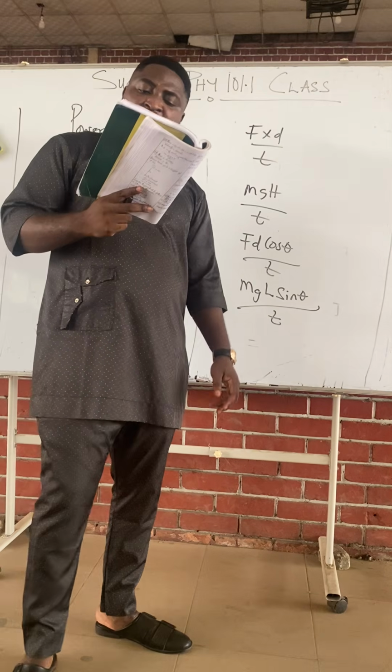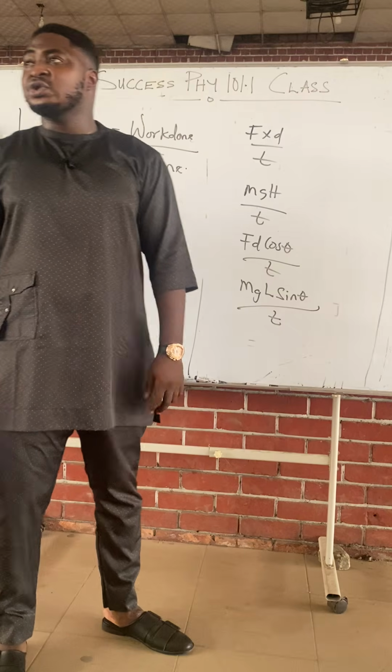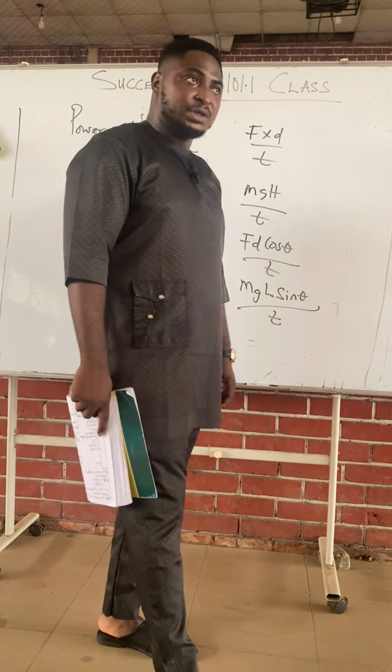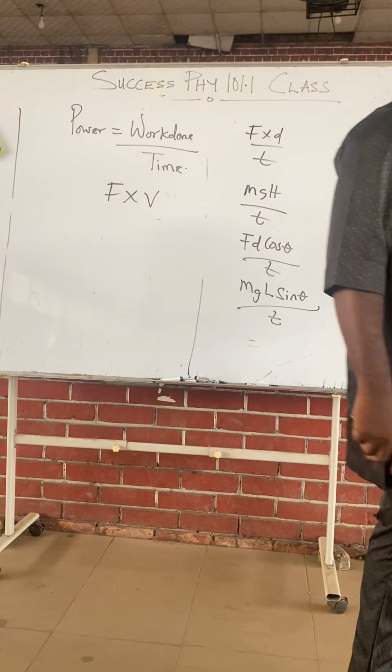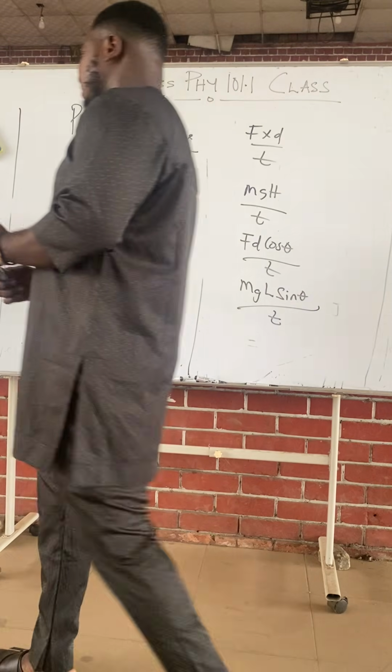If the acceleration due to gravity is 10 meters per second square, calculate the power expended.